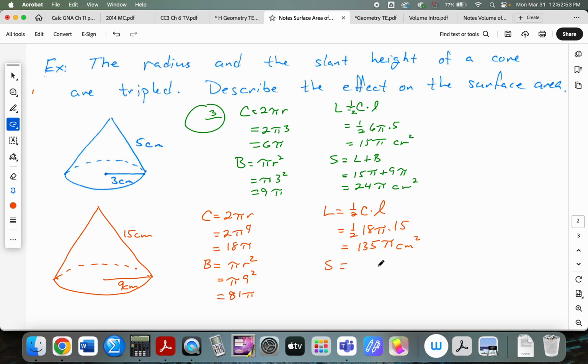And the surface area will be the lateral area plus the area of the base. So that'll be 135 pi plus 81 pi. That's 216 pi.